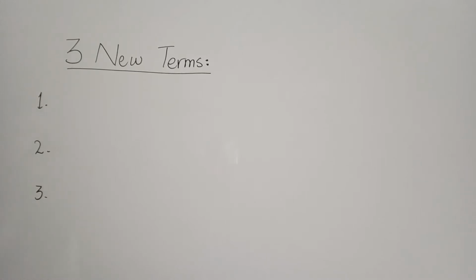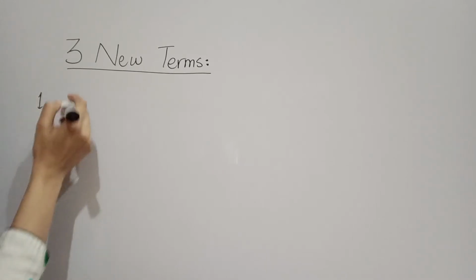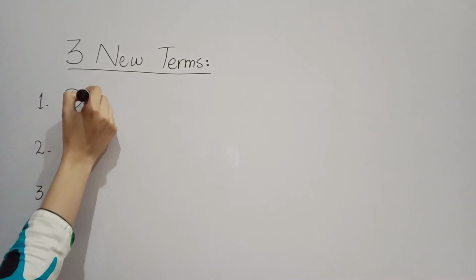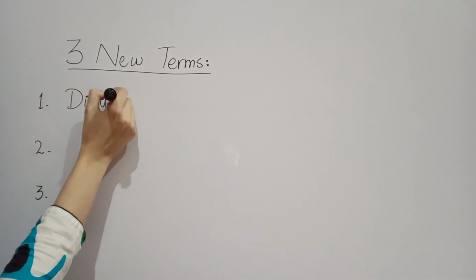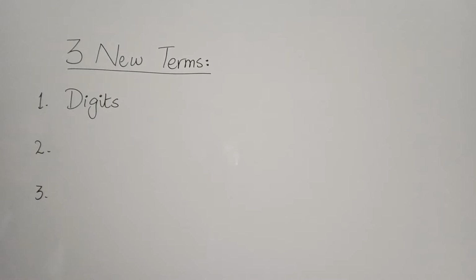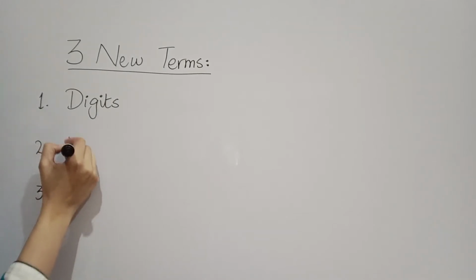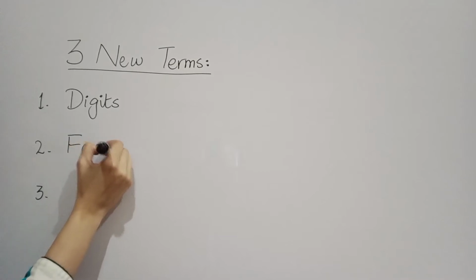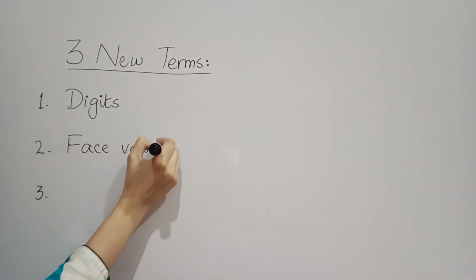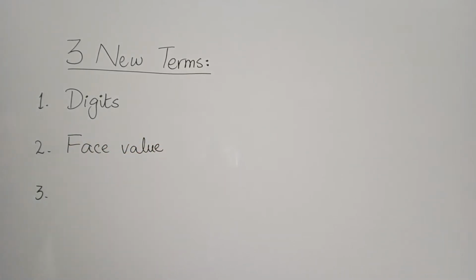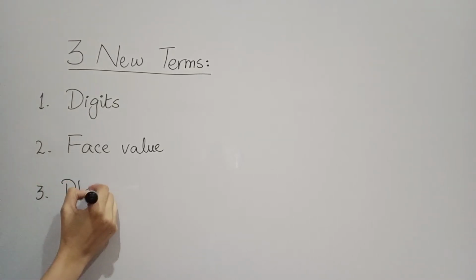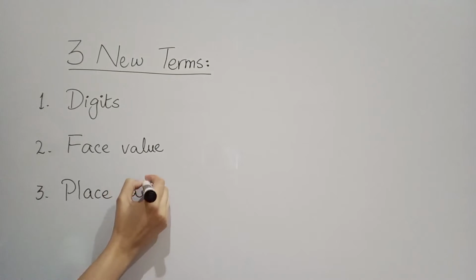In today's lesson, we are going to learn three new terms. The very first term will be digits. The second term we are going to learn will be face value of a number. And lastly, we will learn about the place value of a number.